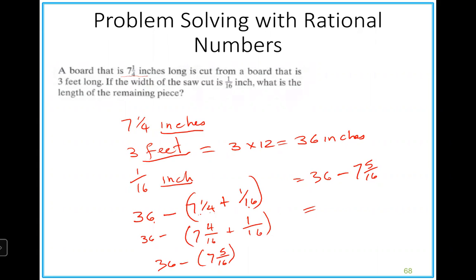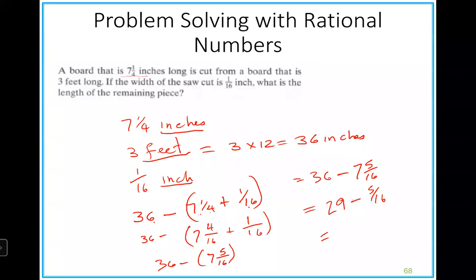Yes. Okay. So 29. So we still have 29, and we're going to take away 5/16 from that. We already took away 7, so we still have 5/16 to take away from the 29.